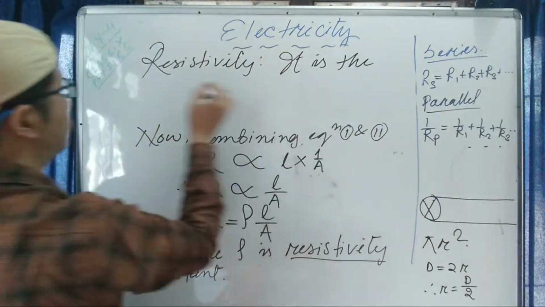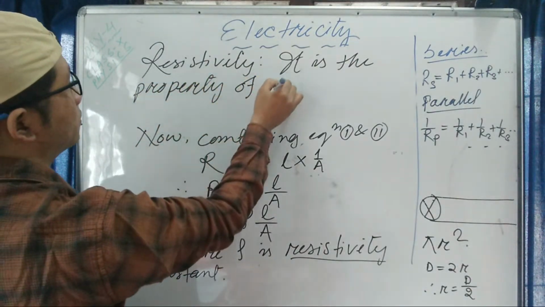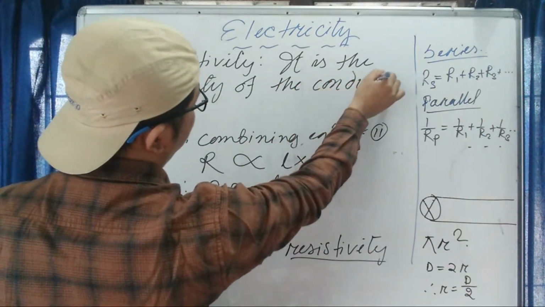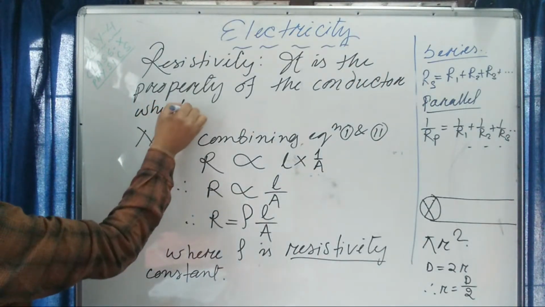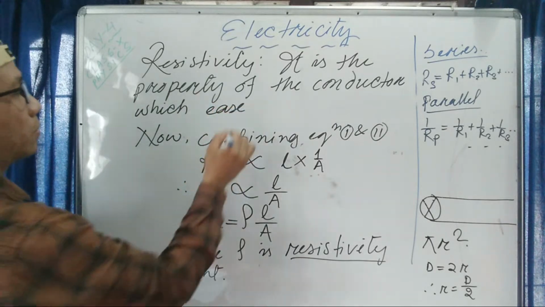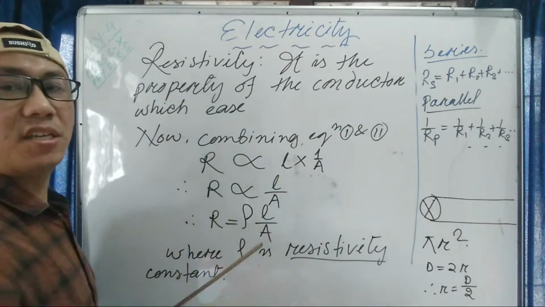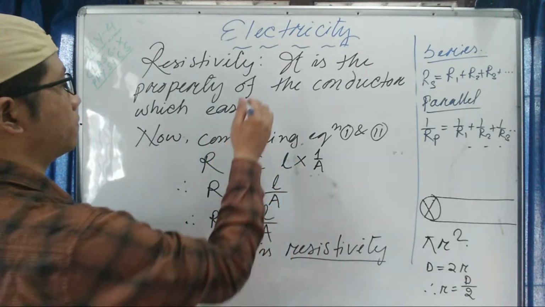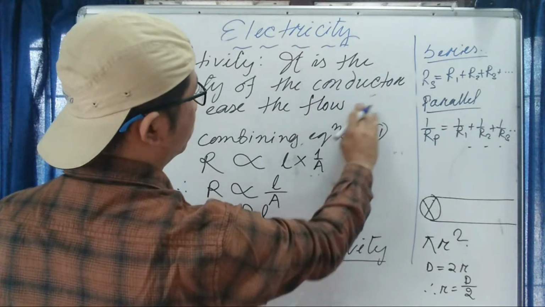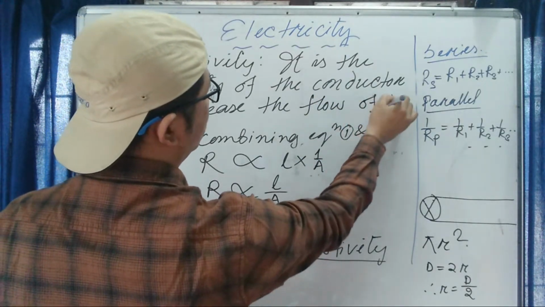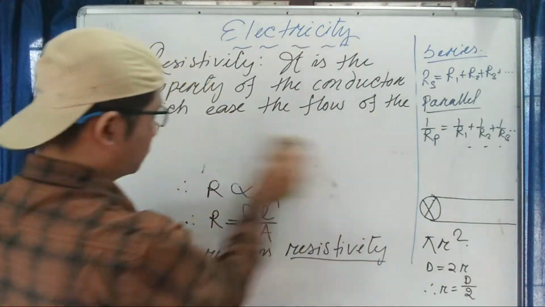It is the property of the conductor, which allows, or makes it easier for, the flow of the current.